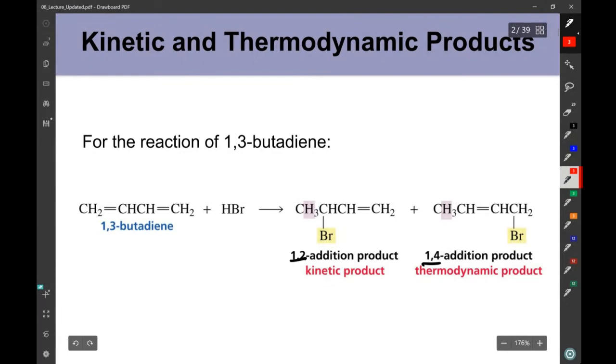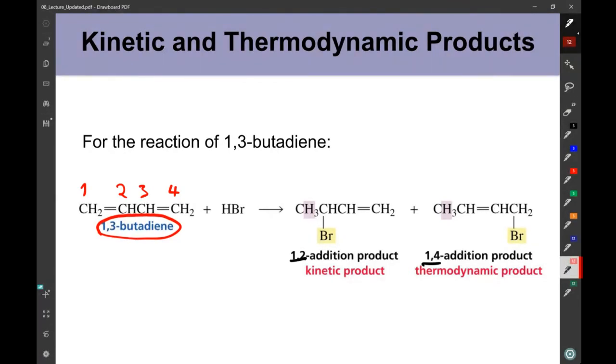So the first thing is that we need to know the nomenclature. If you look at the structure of 1,3-butadiene, this is carbon number 1, this is carbon number 2, carbon number 3, and carbon number 4. Now when you observe the product, if you only focus on carbon number 1 and carbon number 2, that particular double bond, you will notice that we follow the Markovnikov rule.